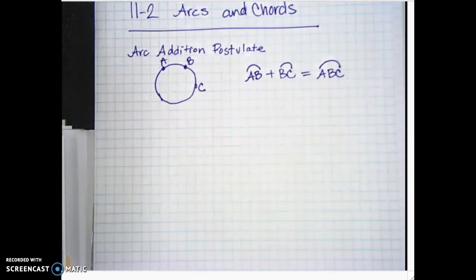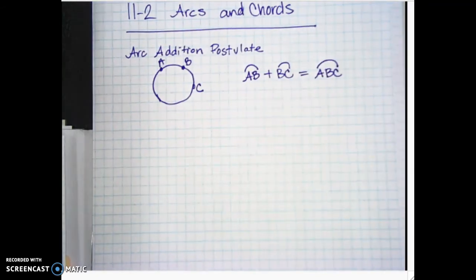And so if one of them was 20 degrees and the other one was 30 degrees, you would say that together they were 50 degrees. Okay? All right, so let's look at an example.